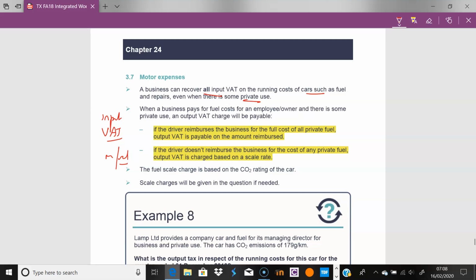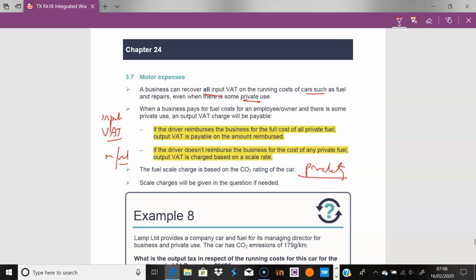It's a supply, you are using it, but because you have some private use, to a certain extent some of it is disallowable. You can look at it that way, or you can look at it in terms of you bought this fuel, you claim the VAT, but in effect you've sold some of it privately. So it doesn't really matter how you think about it.